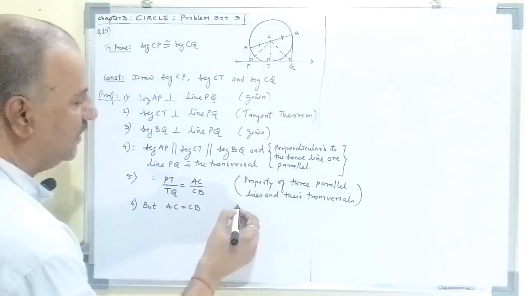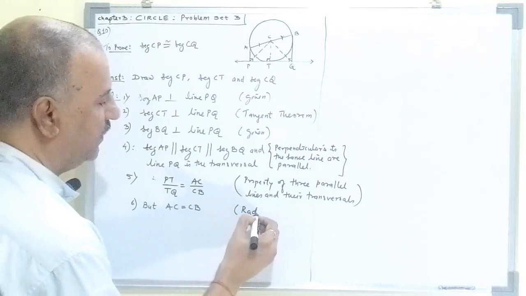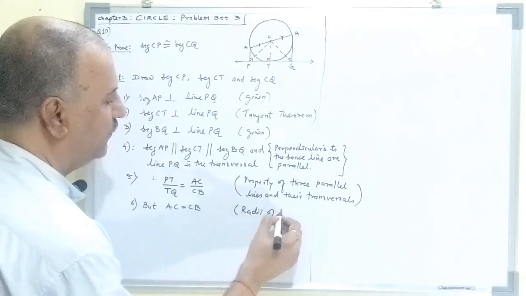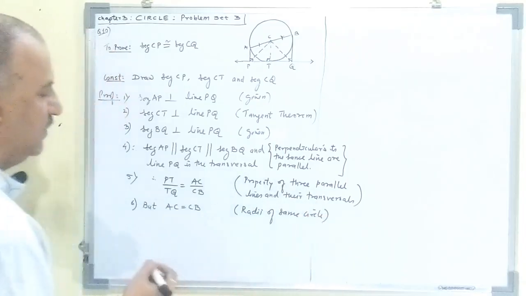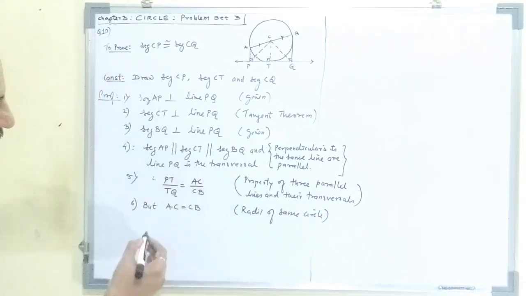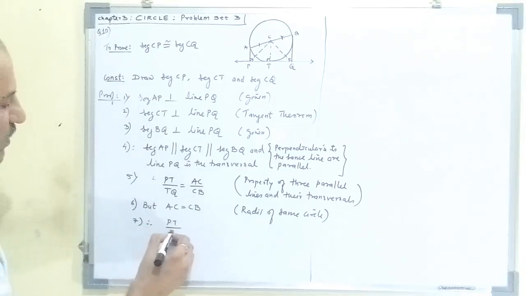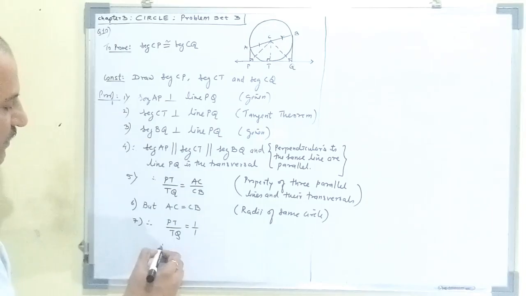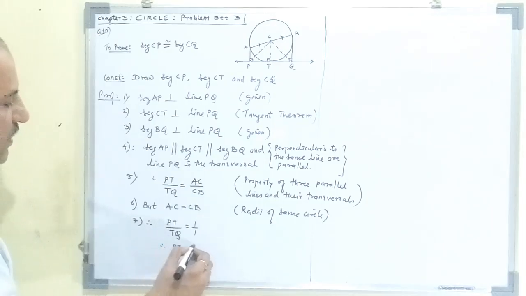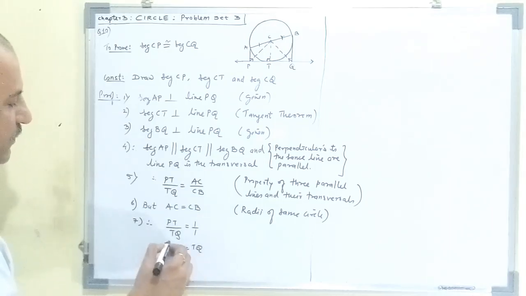Radii of the same circle, ना? अब AC upon CB equal हो गया, तो स्टेटमेंट नंबर 7 क्या होगा? Therefore PT upon TQ equal to 1 upon 1. Therefore PT equal to TQ.